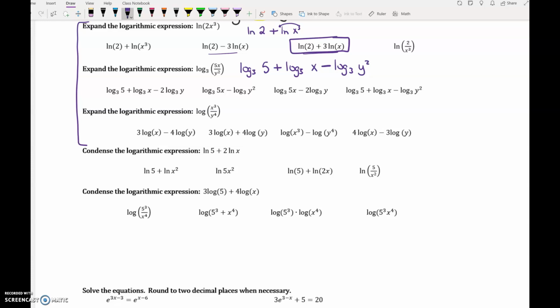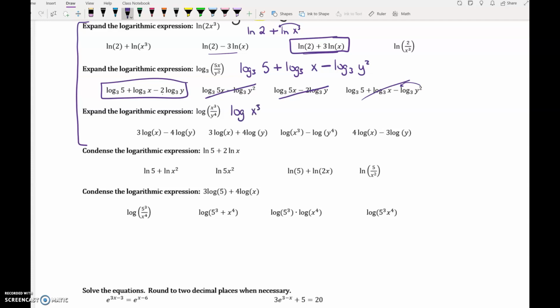So you can probably already start eliminating some things. First of all, you should see that there's 3 things in here. So it's definitely not that one, definitely not that one, because there aren't enough terms in those 2 answers. This one looks like what we have right now, but you need to move that exponent in front of that term. So that one's not right. Log base 3 of 5 plus log base 3 of x minus 2 times log base 3 of y. That is our correct answer.